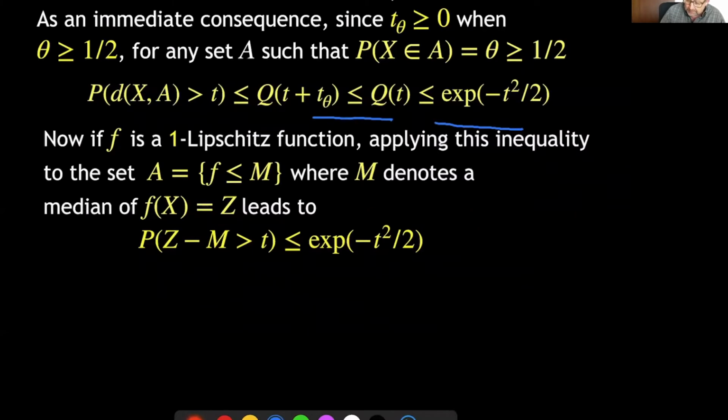If you look at one Lipschitz function, you apply the preceding inequality to the set for which the function is less than a median. So if you look at a median of the random variable z equal to f of x, then the probability that z minus the median is larger than t will be smaller than exponential minus t squared over 2, exactly because you can use this inequality here. Okay?